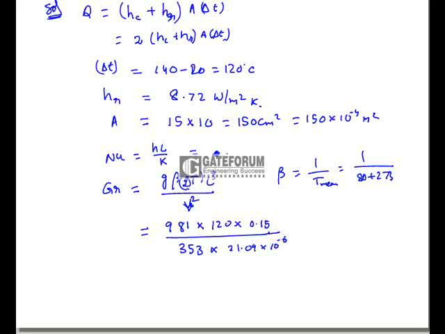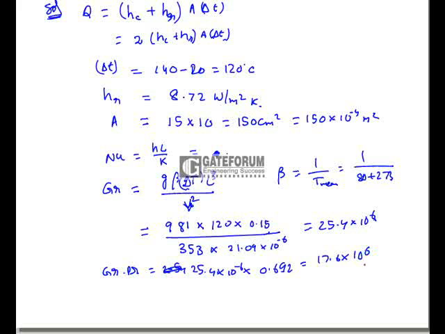From this we get the Grashof number as 25.4 into 10 power 6, and the product of Grashof and Prandtl number is equal to 25.4 into 10 power 6 into 0.692, which is equal to 17.6 into 10 power 6.